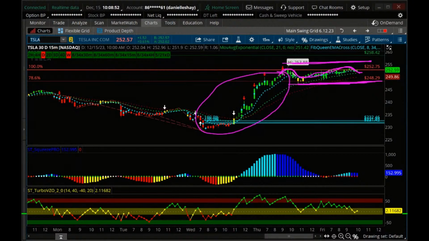So when you're trading using an iron condor, the idea here is that you are looking at identifying a range bound stock or index, and you're making a bet that that stock or index is going to stay within a specific range by the time that your trade expires.